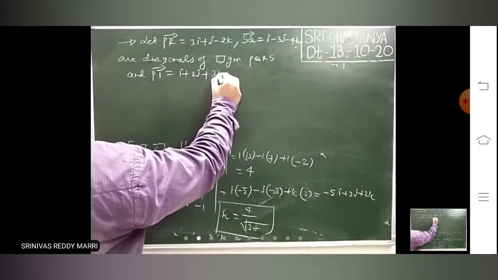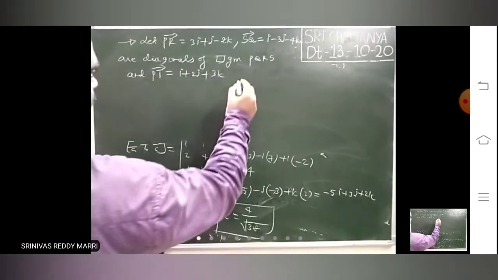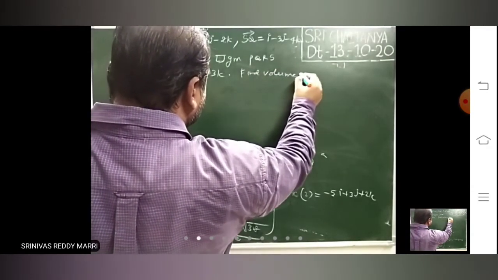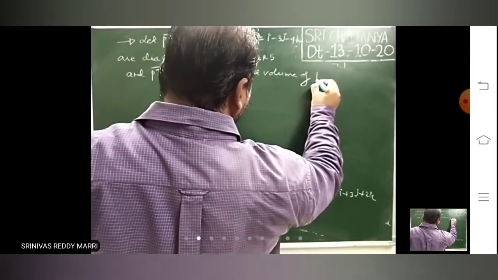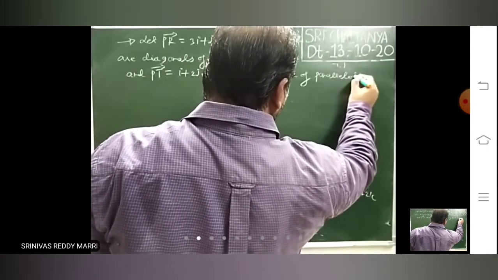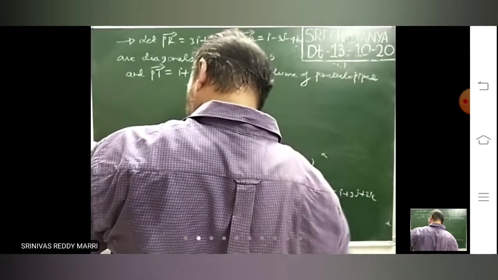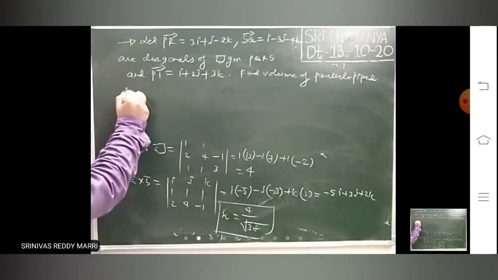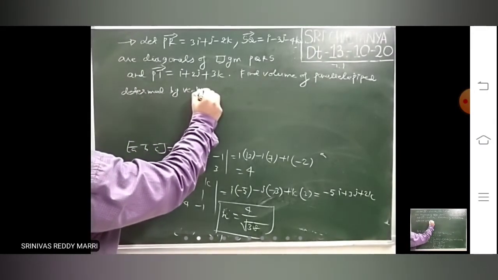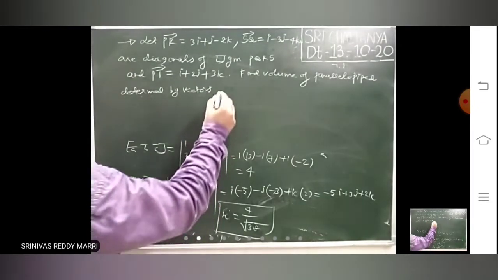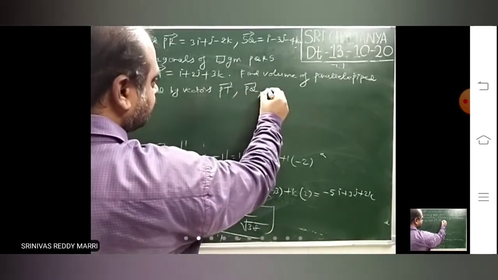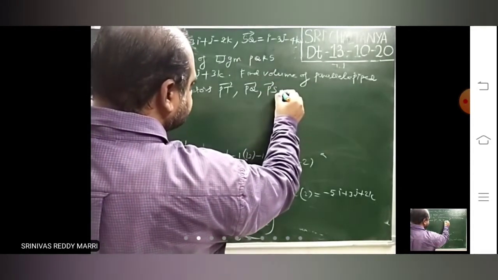Find the volume of the parallelepiped determined by vectors PT bar, PQ bar, PS bar.